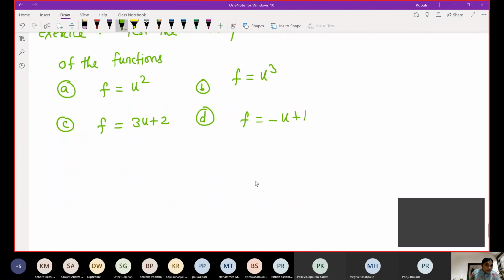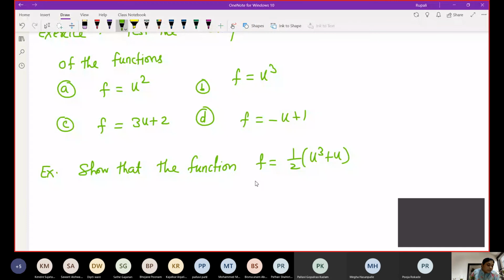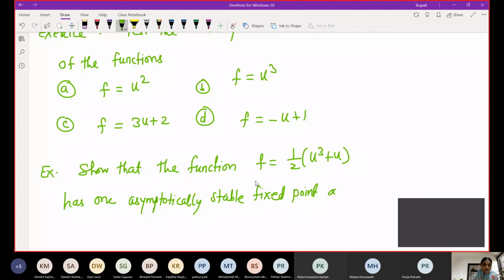And another example is: show that the function f(u) is equal to 1 by 2 times u cube plus u has one asymptotically stable fixed point and two unstable fixed points.